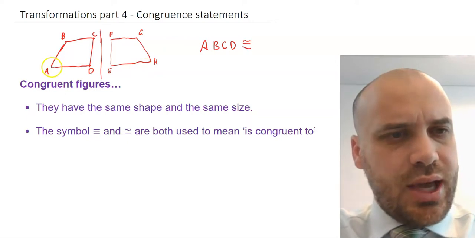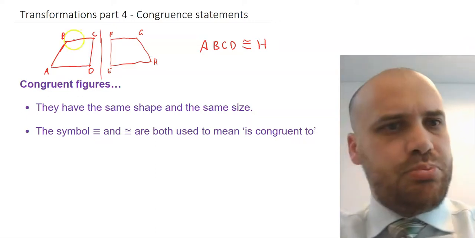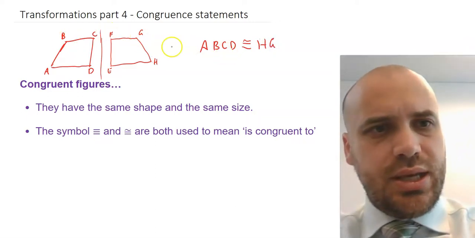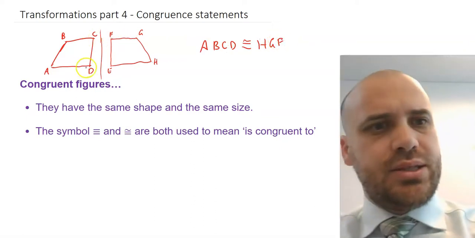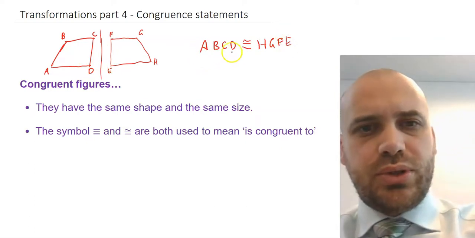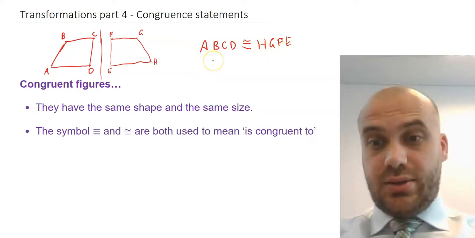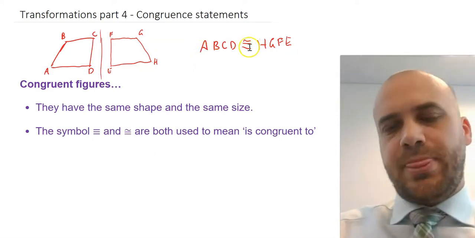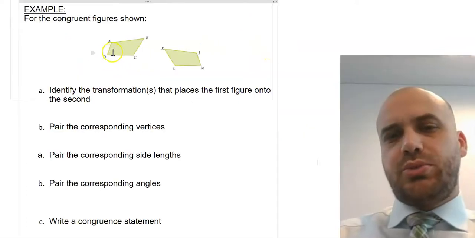So the A matches up with H, the B matches up with G, the C matches up with F, and that means that the D matches up with E. You can see I've just made sure that I've put the letters here with their matching letters here. So we say that shape ABCD is congruent to HGFE.